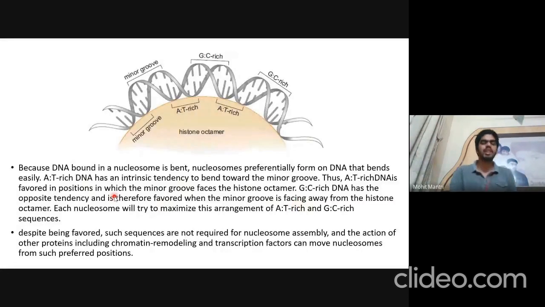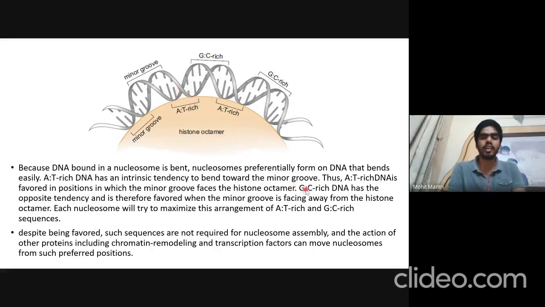Now, because DNA bound in a nucleosome is bent, nucleosomes preferentially form on DNA which can be bent easily. So usually AT-rich DNA, which has a low number of hydrogen bonds, can be easily bent.